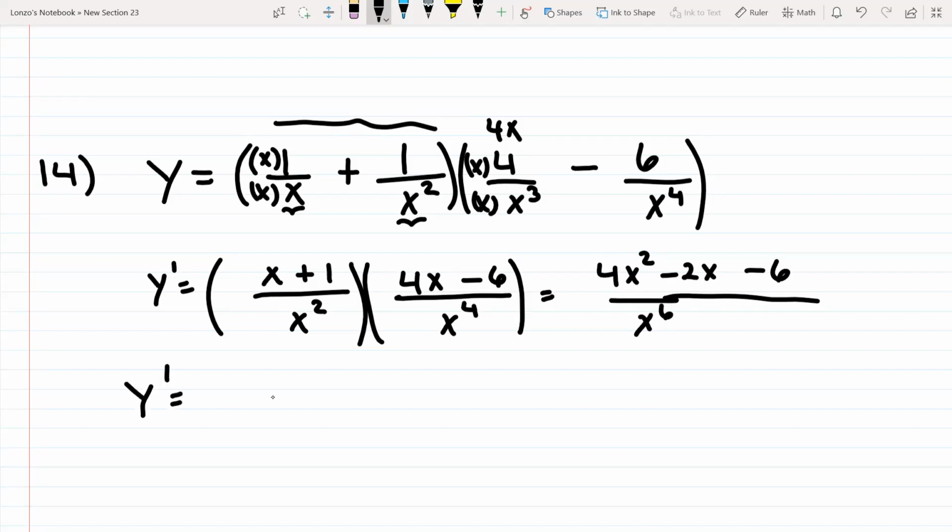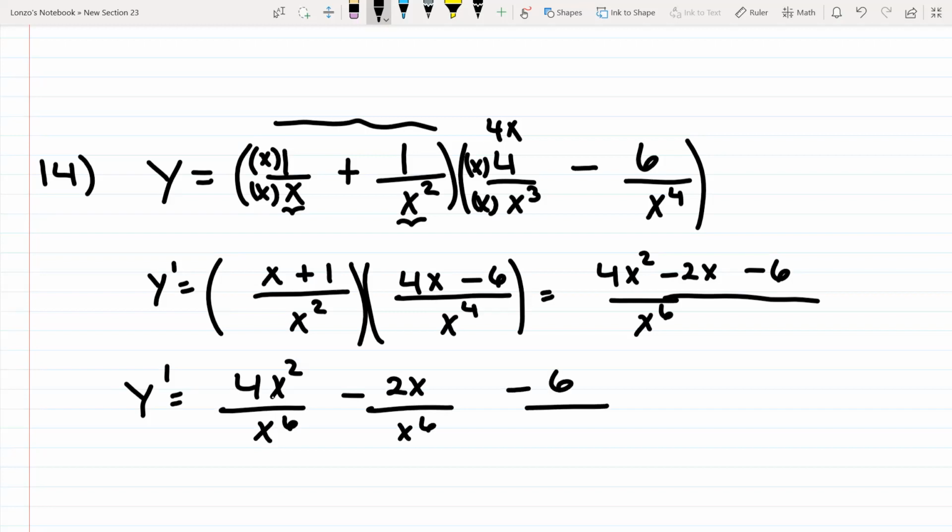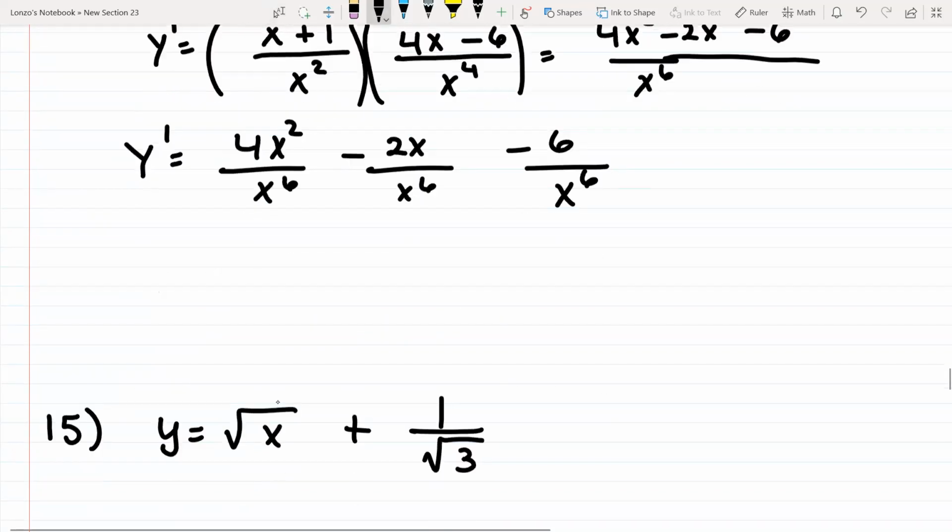Then what I would do is divide each term by x to the 6th. So what I mean is do 4x squared over x to the 6th minus 2x over x to the 6th minus 6 over x to the 6th. And when you finally, so over here, you're going to get y prime equals 4x.